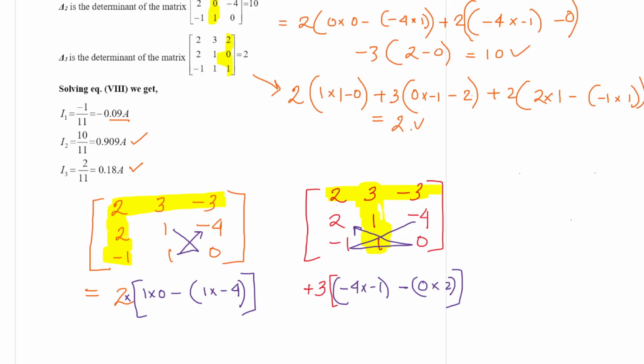And in the last phase, again we are writing the same matrix: 2, 3, minus 3, 2, 1, minus 4, minus 1, 1, 0. Now you should consider this minus 3 term.